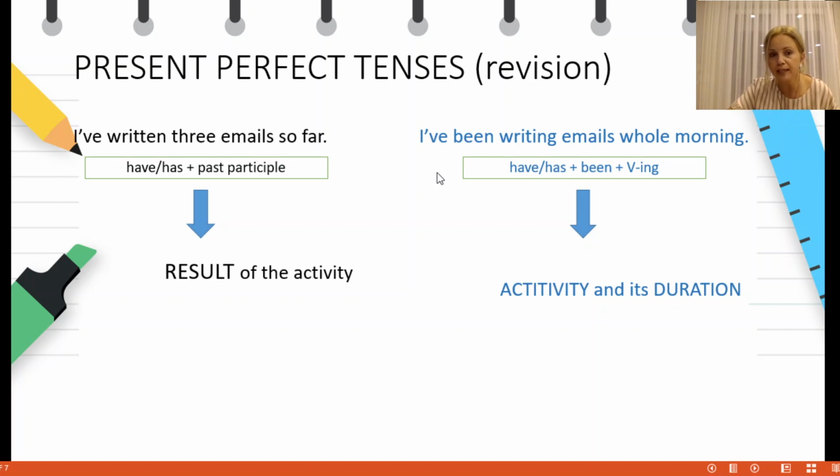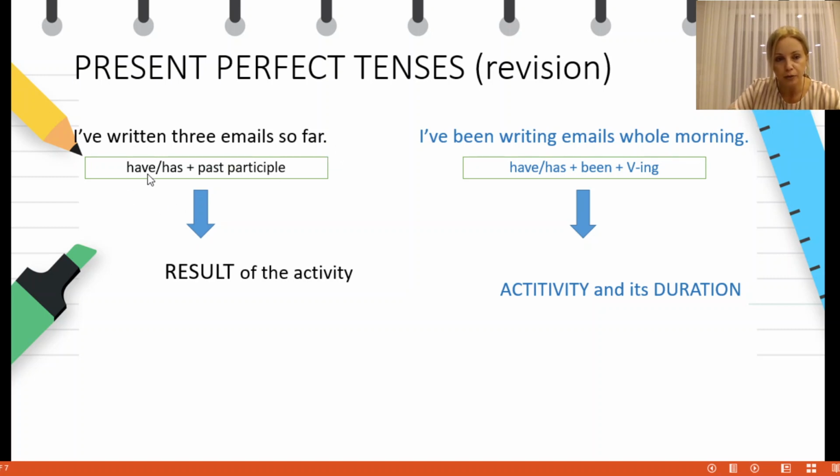I've written 3 emails so far, and I've been writing emails the whole morning. Imagine it is me, the author of these two sentences. The first one is in present perfect simple: I've written 3 emails so far.